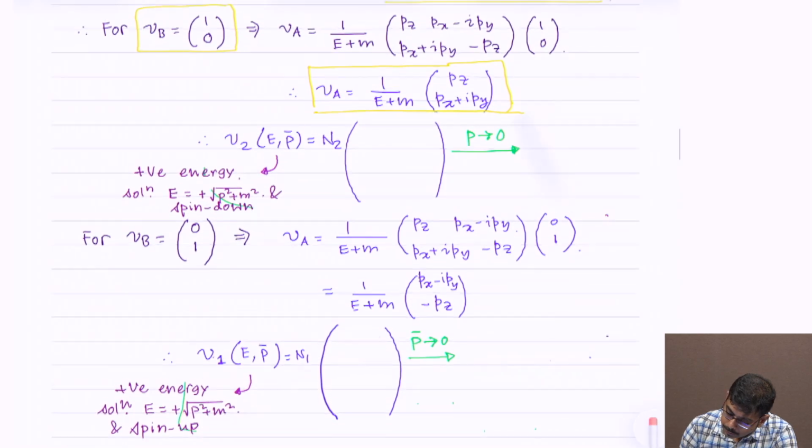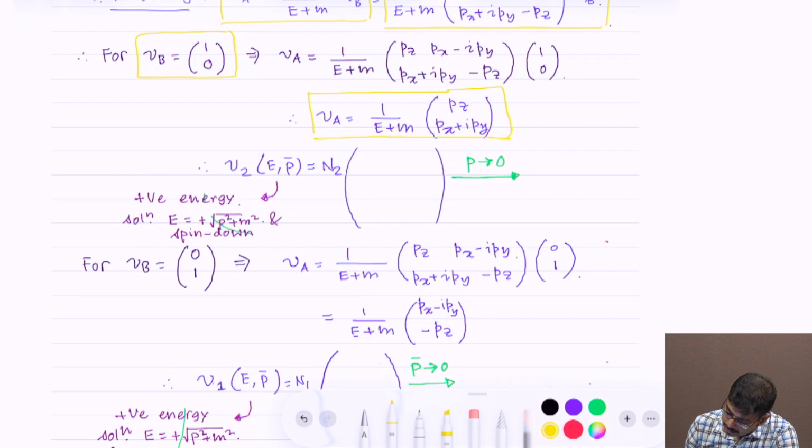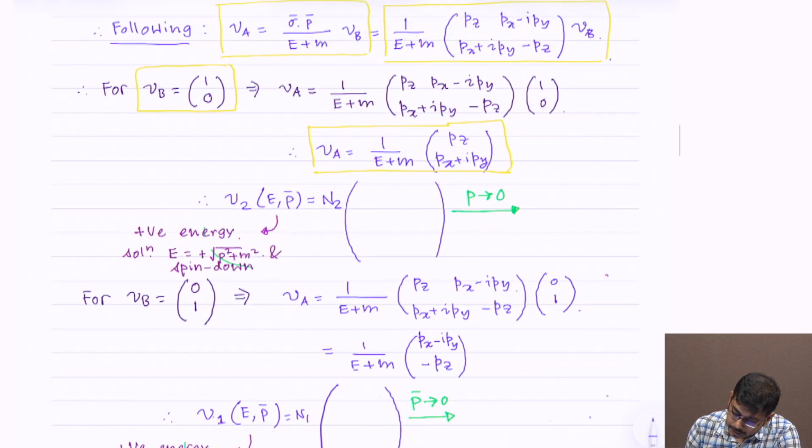Now, if I put everything together into matrix form, what is the eigenstate that we are going to get? Remember, Va comes above, so this is going to be Pz by E plus M, Px plus Ipy by E plus M, and then 1 and 0, which was the choice of Vb. Now, for the p tending to 0 limit, what is the solution that we are getting?